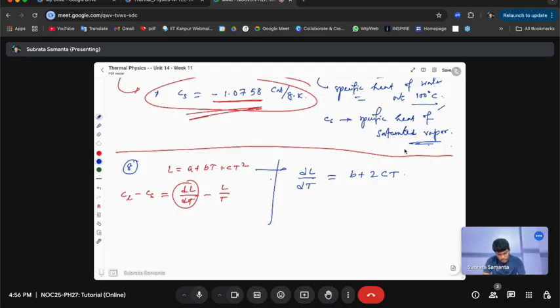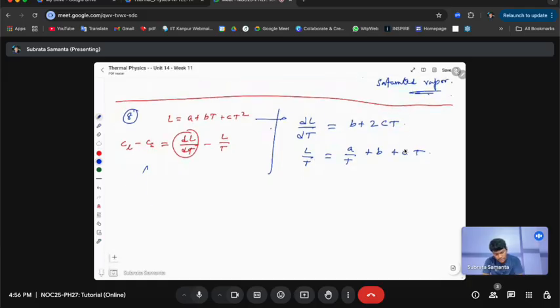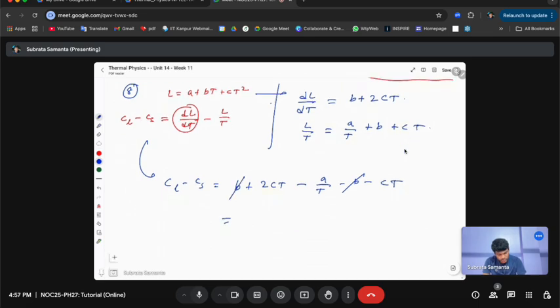And L over T is A over T plus B plus CT. So now Cl minus Cs is B plus 2CT minus A over T plus B plus CT. B cancels, so it's CT minus A over T.